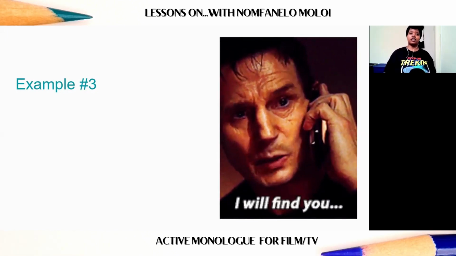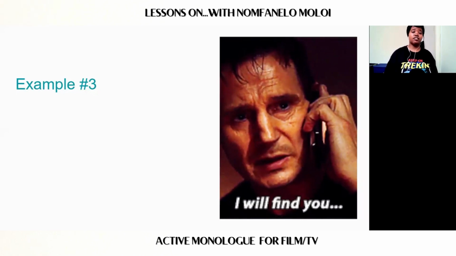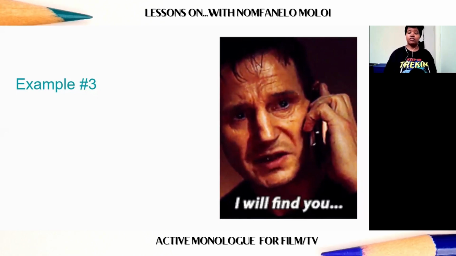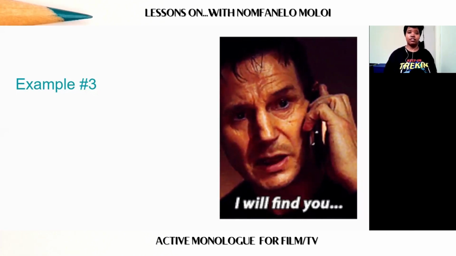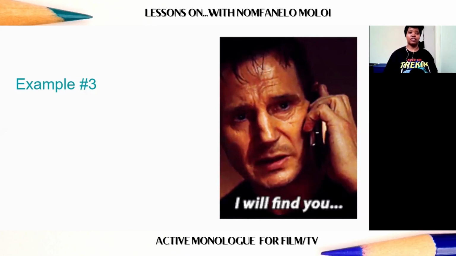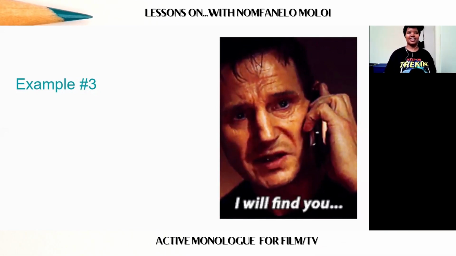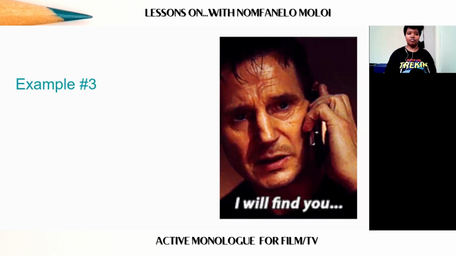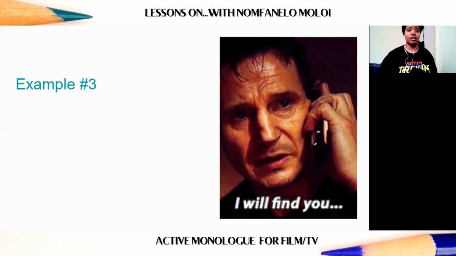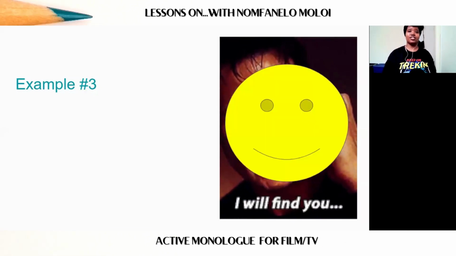If you let her go, that'll be the end of it. I won't pursue you. But if you don't, I will find you, I will kill you. And I think that's a brilliant moment. So this is obviously an active monologue.